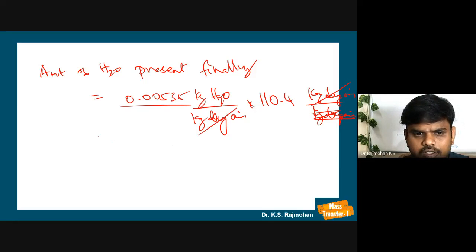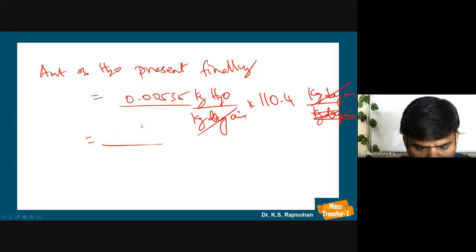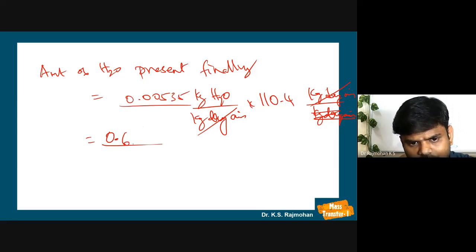So kg dry air gets cancelled, so you get the value. Please use your calculator. So we get around 0.6. You write in 3 digits, you may get 0.58 or 0.62, whatever 3 digits value you report. So this is the amount of water present finally.